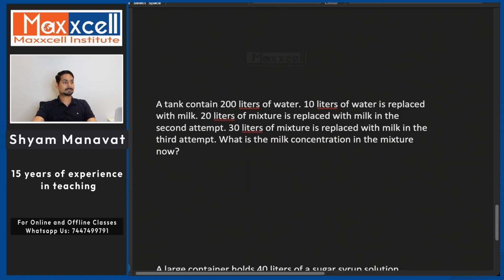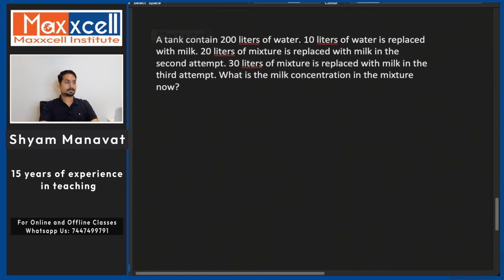The question here is: a tank contained 200 liters of water. Initially there is water. This expression, this multiplication will always get you the ratio of what was there initially divided by the total volume, which will still remain the same because you are replacing the quantity. 200 liters of water, 10 liters replaced with milk.